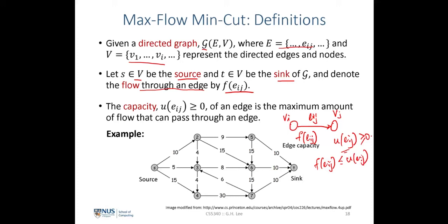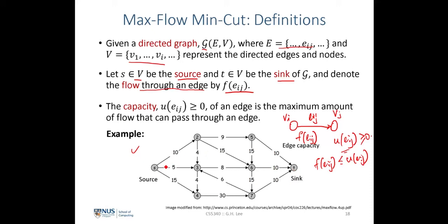An example of this max flow min cut graph, or directed graph, is shown here, made up of a set of directed edges Eij with arrows, and a set of nodes V1 all the way to V7 plus 2, where we have the source and the sink as well.